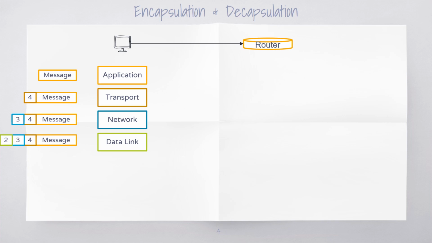Since the data link layer has a logical connection only from the current node to the next node, header 2, identified here, will have information related to the current host's link address and the next hop device's link address. The resulting data unit that is output from the data link layer is referred to as a frame.